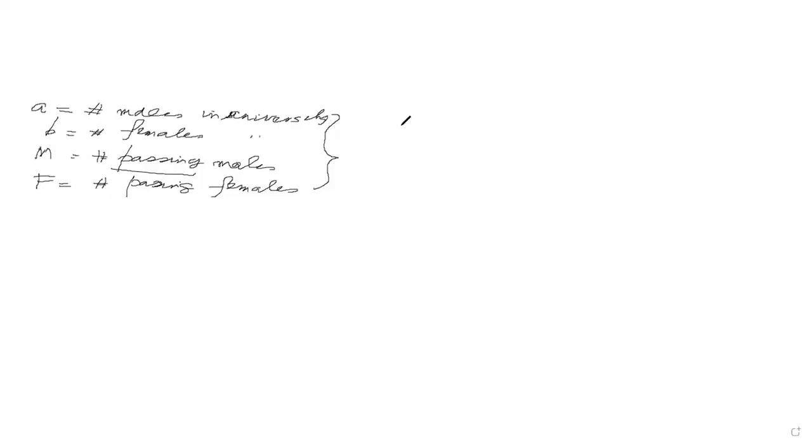So altogether, the number of students in the university is A plus B. I can't write anymore because we're so used to typing. That's the total number of students, and 52% of these pass. So 52 over 100 of A plus B actually pass altogether.